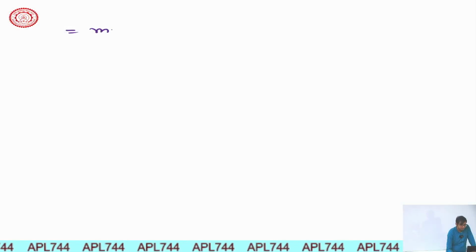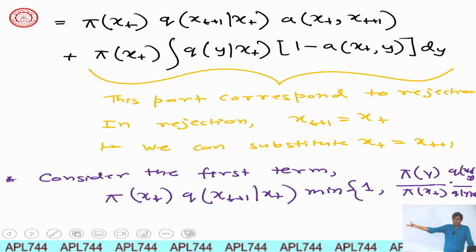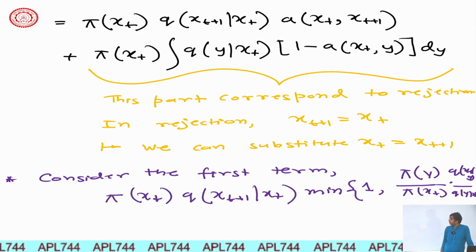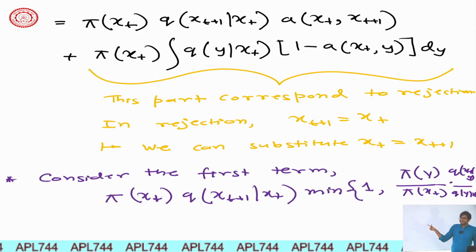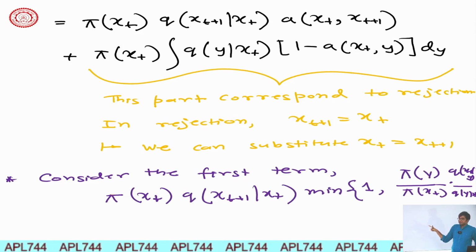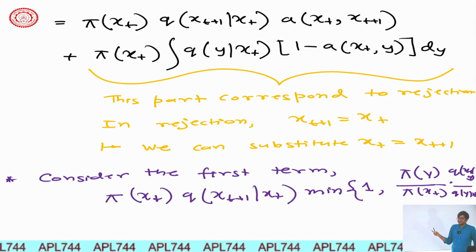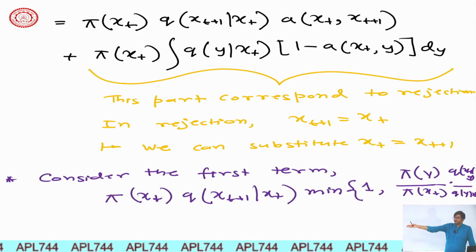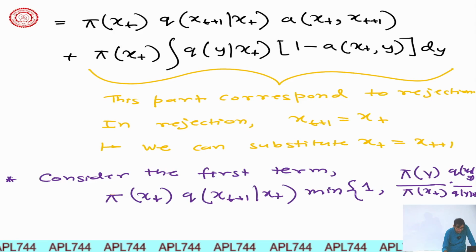So what will I get if I push whatever is outside inside the minima? This is equal to minimum of, the first term was 1. I have pushed whatever is outside inside. So what will I get? Okay, there is one mistake I can see. Can you tell me the mistake? It should be, there is no y here. Here y is equal to xt plus 1. So that is the mistake. So wherever you see y, there is no y in the acceptance. It is xt plus 1. So I have to correct it.